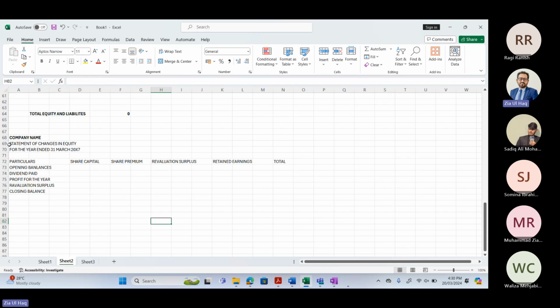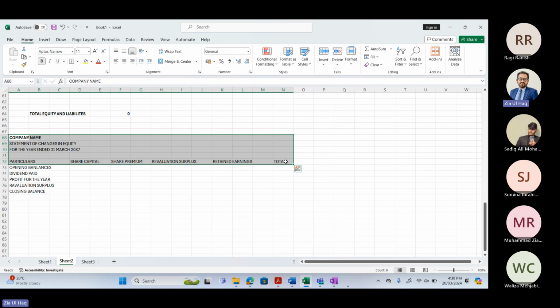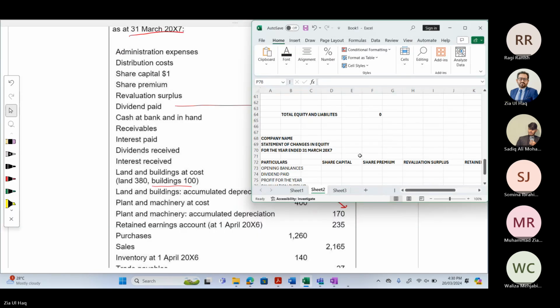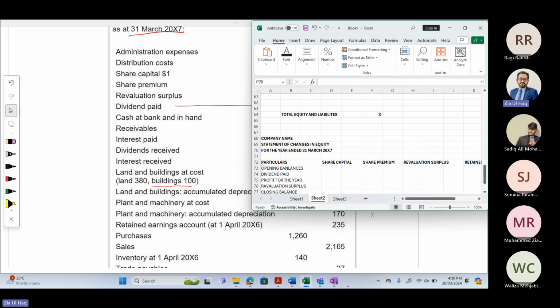So this is the format for statement of changes in equity. Is that fine? So let's move towards solving this question.